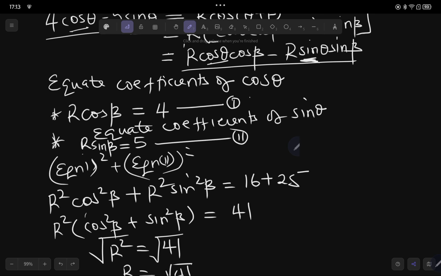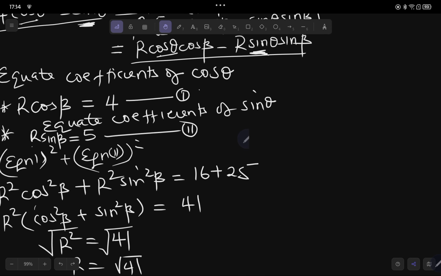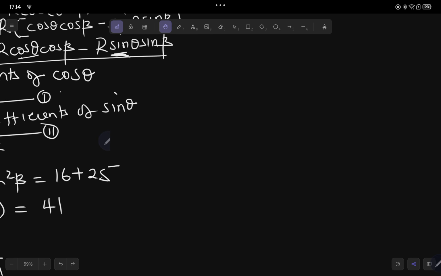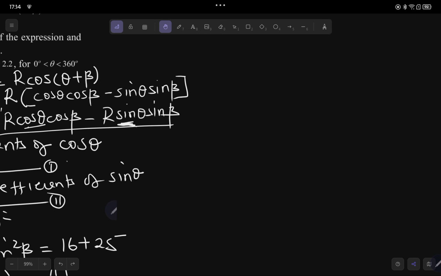Alternatively, you can just pick your r, root of 41, put it where r is, and get beta using cosine. And it can work. Feel free to be a good explorer. So we're going to divide equation 2 by equation 1.